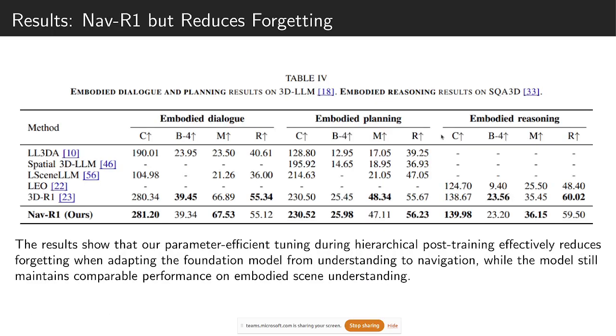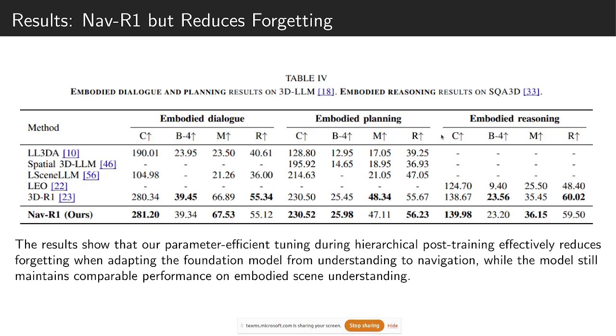And one of the significant prospects is that you can see the navigation and understanding have significant gaps. So we want our model to adapt to new tasks without sacrificing too much knowledge of the previous tasks. The problem we don't want is that we train a NavR1 model, it gains the capability of navigation, but forgets how to understand the scene.